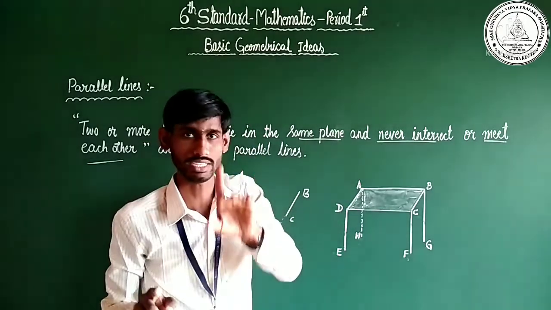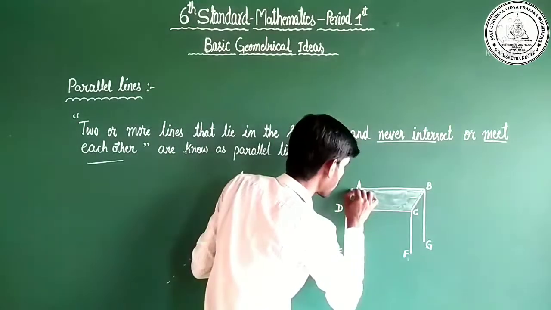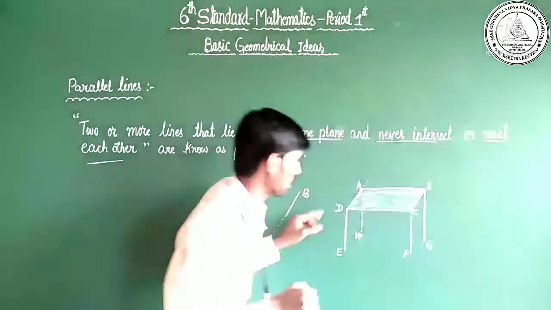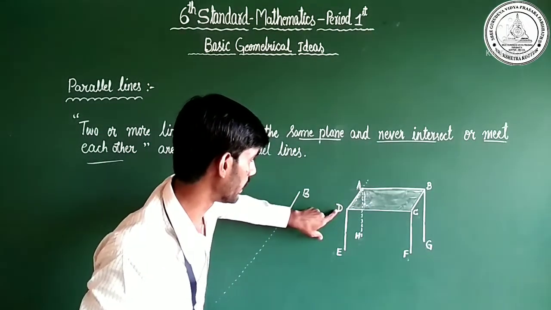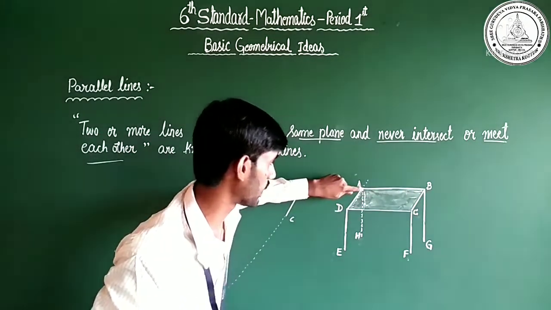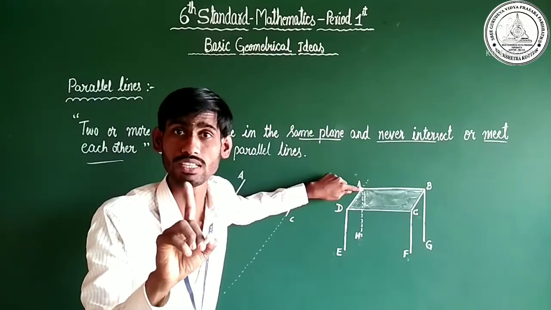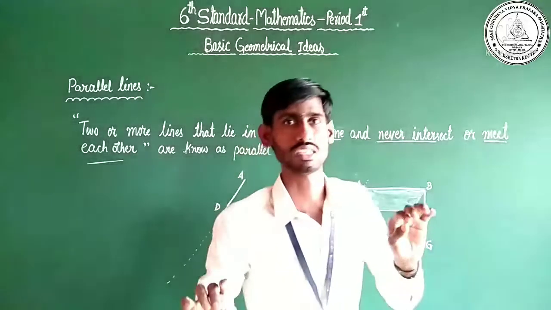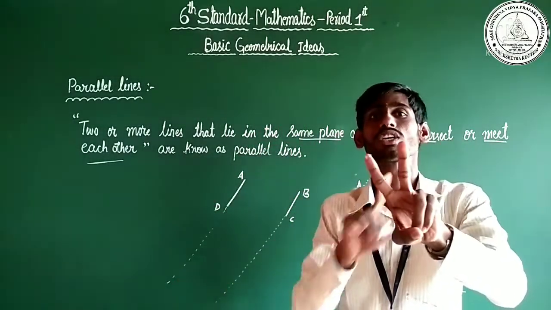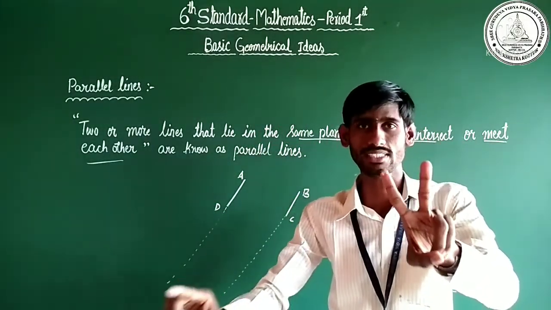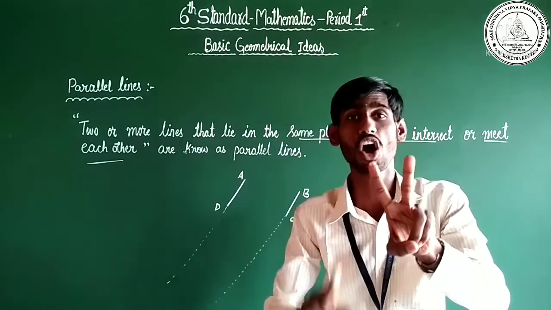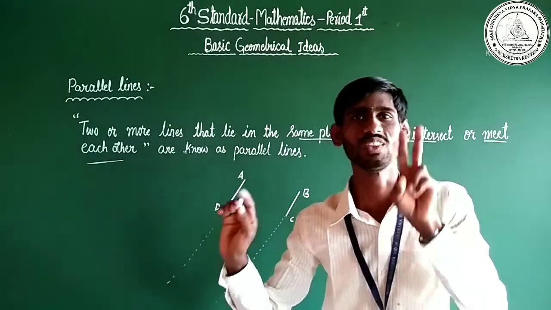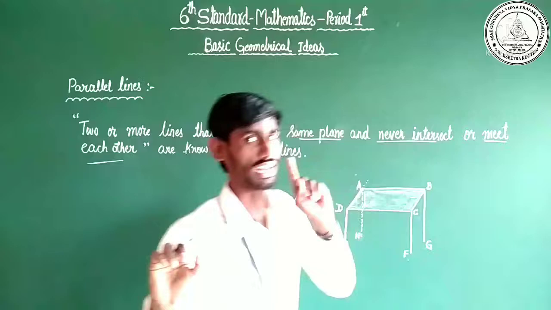Those two are intersecting lines, because if we extend here, these two lines DA and BA intersect here. The concept of parallel lines is that those two lines must not intersect or meet each other.